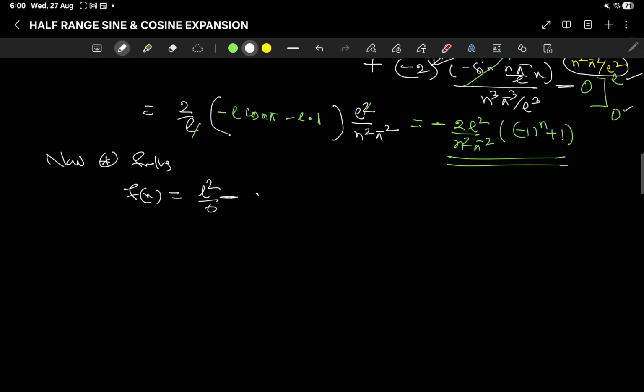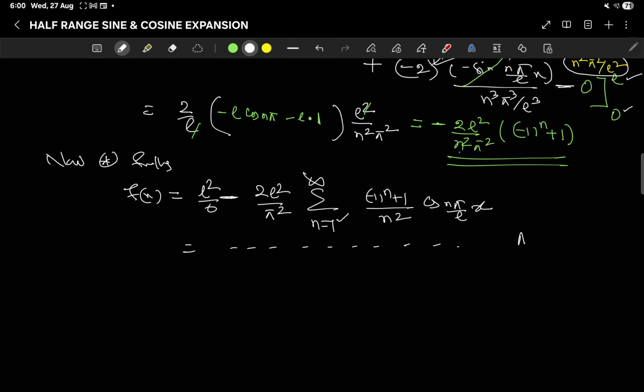It is minus 2 L square by pi square, summation n is equal to 1 to infinity, and it is here minus 1 to the power n plus 1 by n square. I bring n square inside because n varies here, n square, and it is here cos n pi by L x. And if you like you may simplify it or you may leave it here. So let us solve two more questions.